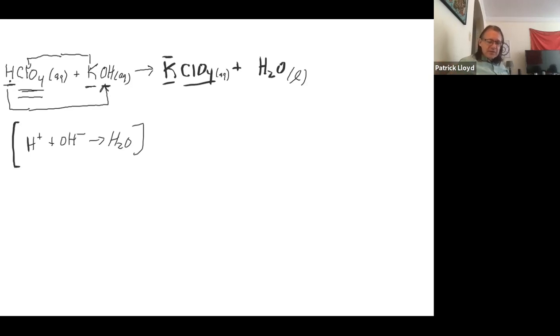You get an ionic compound that dissolves into water, just like we did with the precipitation. The difference here is that instead of getting a solid compound to precipitate, you're going to get a liquid water here as your formed product there. Okay, so that's what's called an acid-base neutralization.